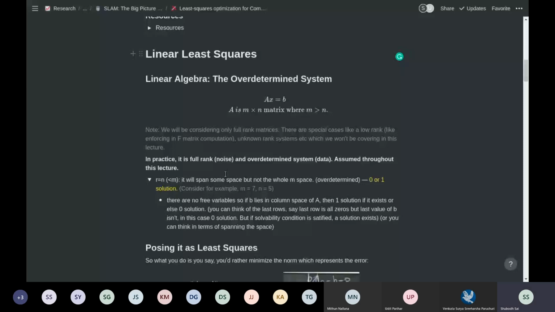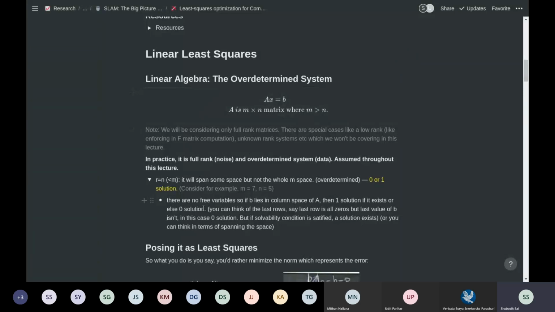This will span some space, but it will not span the entire 7-dimensional space. The analogy is that it will span a 2D plane in a 3D space. But your b need not necessarily lie on this particular plane. So you either have zero solutions if it is not lying on this plane, or if it lies on this plane, you have one solution. That is your whole linear algebra for an overdetermined system in this particular scenario.